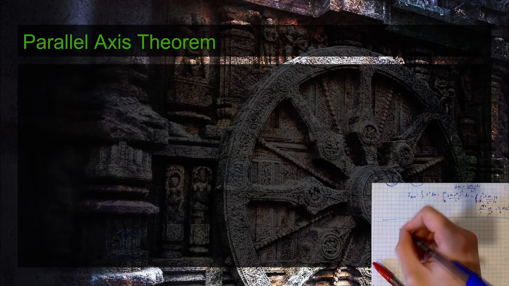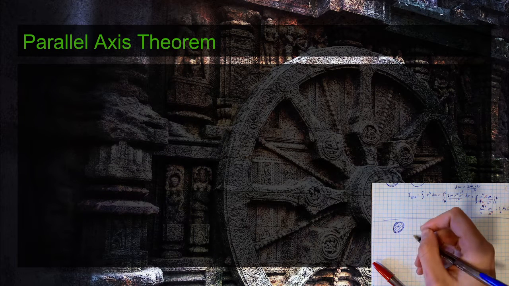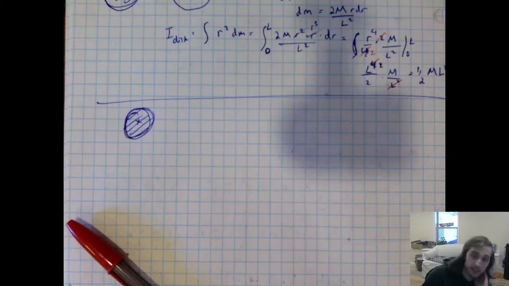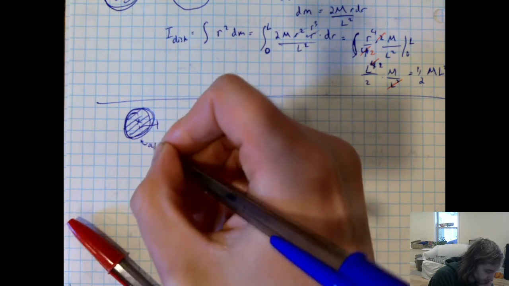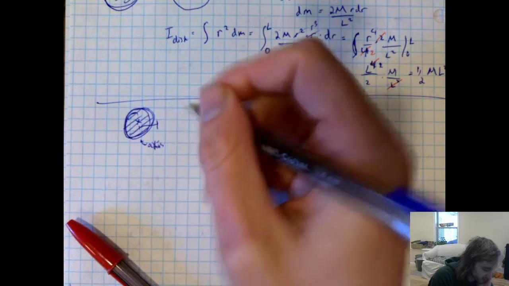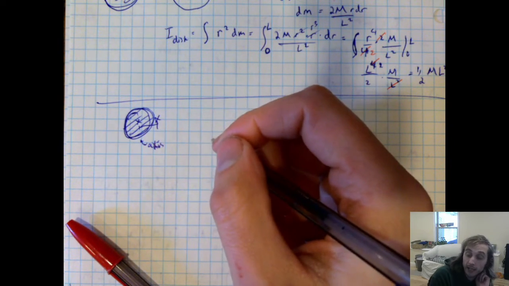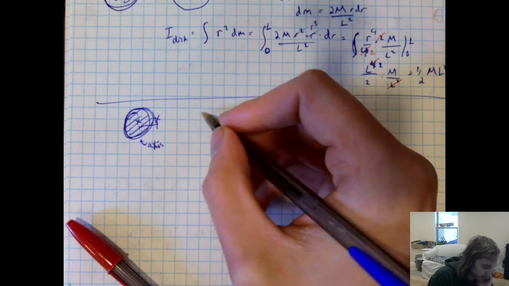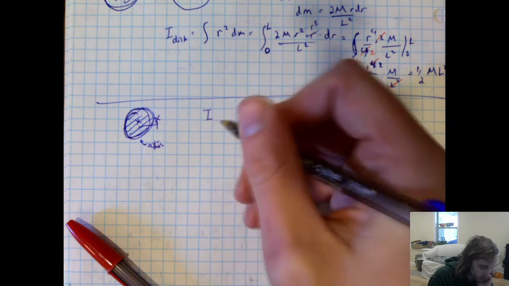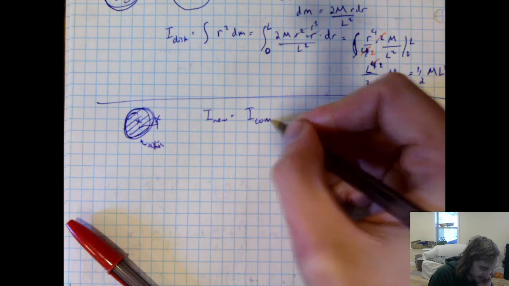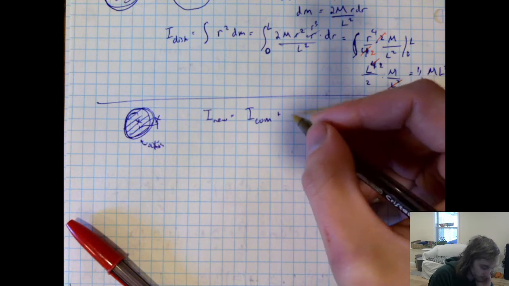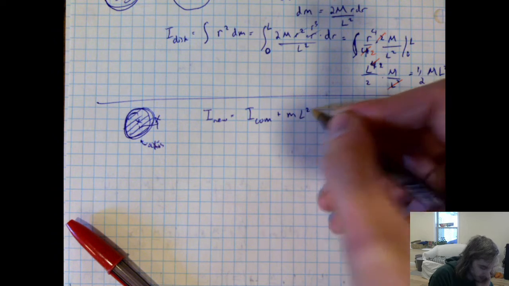If you have an object and you're like, okay, I just figured out that my solid disk has a moment of inertia around the center of mass of 1/2 mr squared, and if I want to take the axis of rotation, the place it's spinning around, and shift it over here, I can do that, but when I do, the new moment of inertia will equal the moment of inertia for the center of mass plus ml squared.